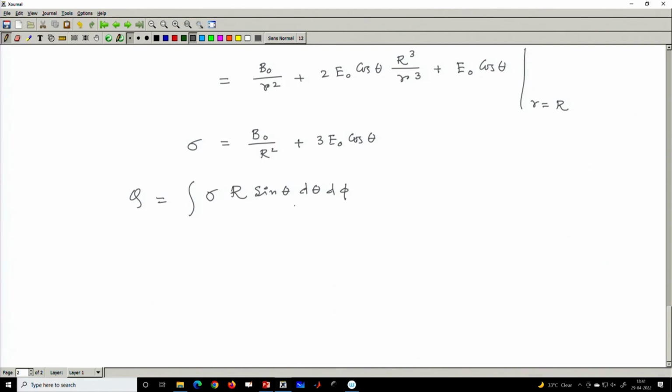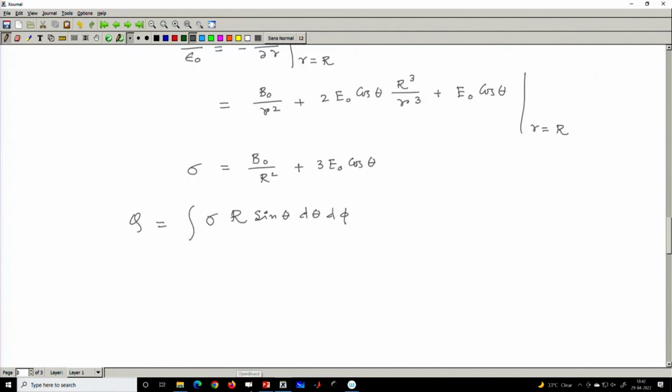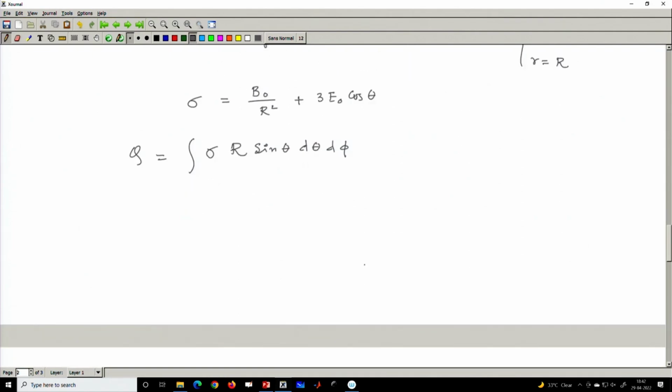Okay, it should be r square, because it is a surface. So it will be r square sin theta d theta d phi.